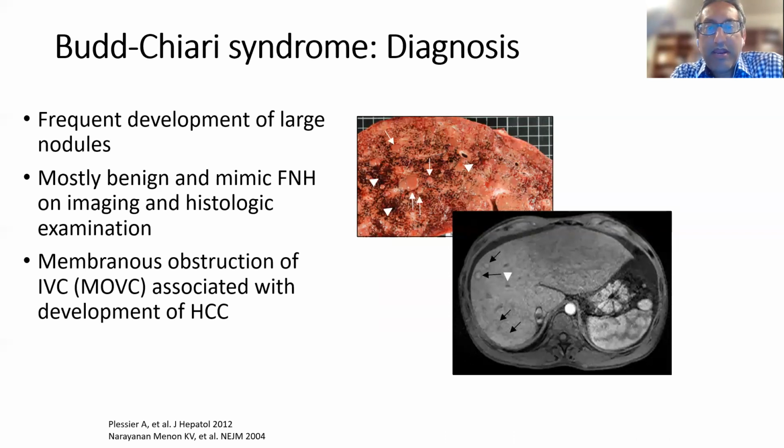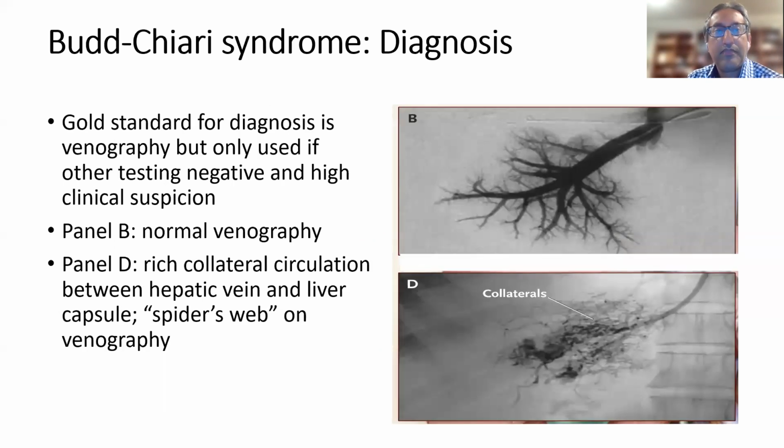Most of these nodules are benign, and they mimic focal nodular hyperplasia on imaging and also histological examination. Patients with cirrhosis, and also with membranous obstruction, have been associated with development of hepatocellular cancer. So in any patient with cirrhosis, we do recommend surveillance for hepatocellular cancer.